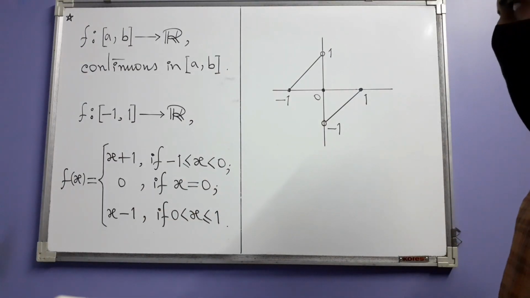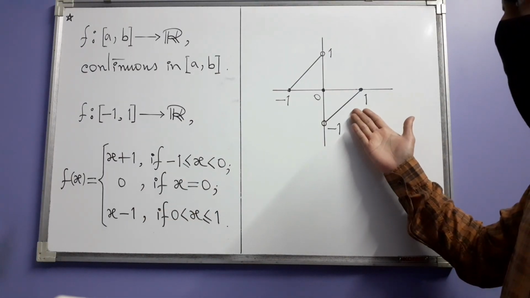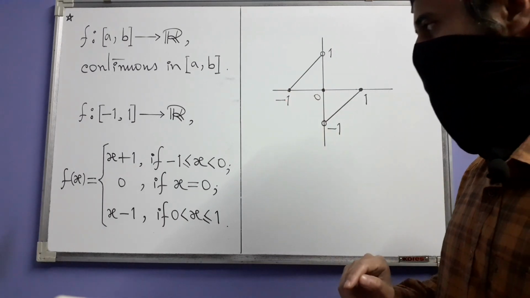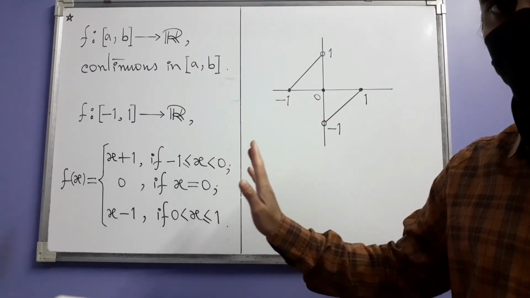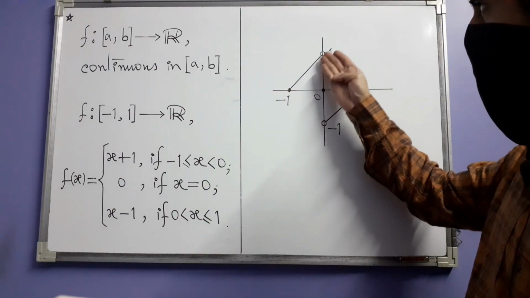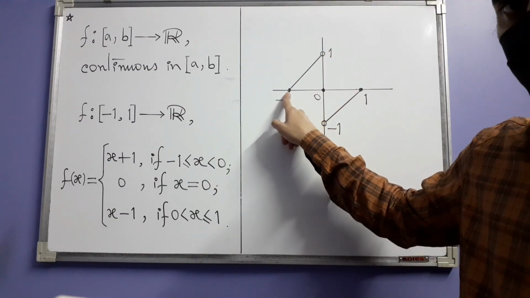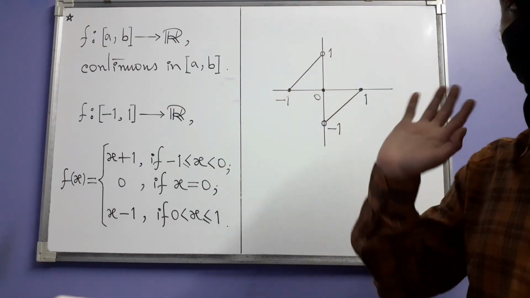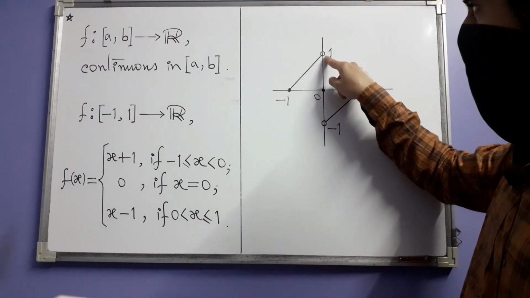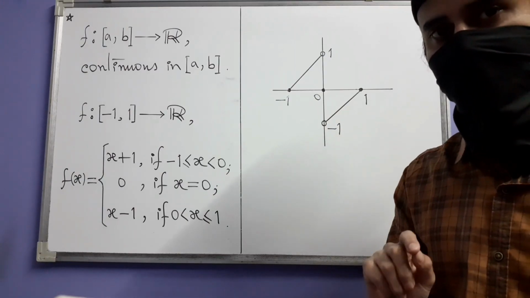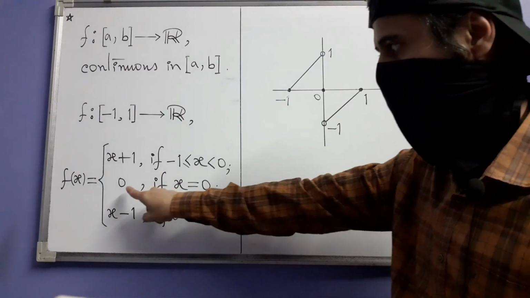And if one draws the graph, it looks like this. In this region between -1 and 0, not being equal to 0, the graph is this straight line, where this endpoint is included, but this one is not there, because that corresponds to the input x equal to 0, for which the output is 0.